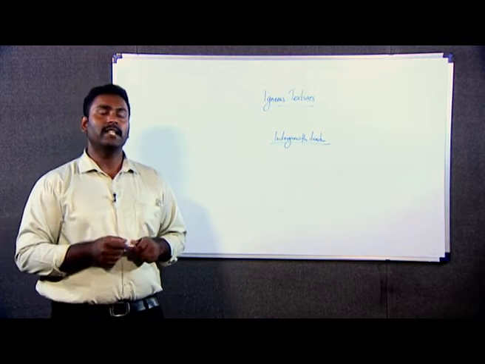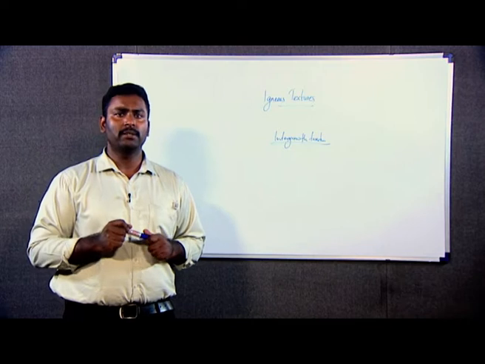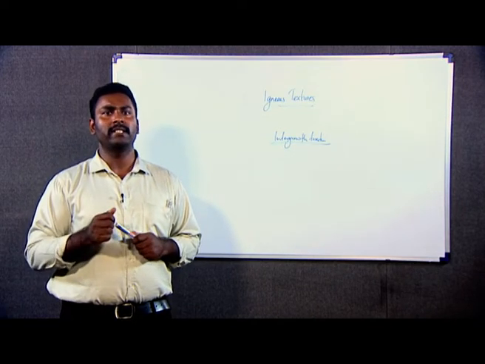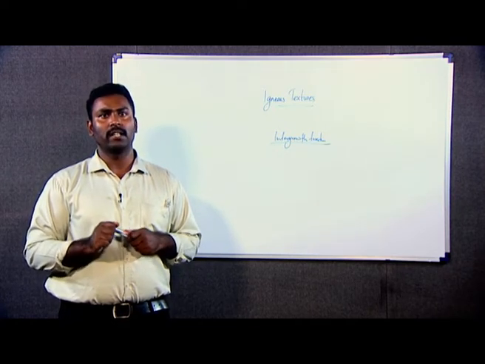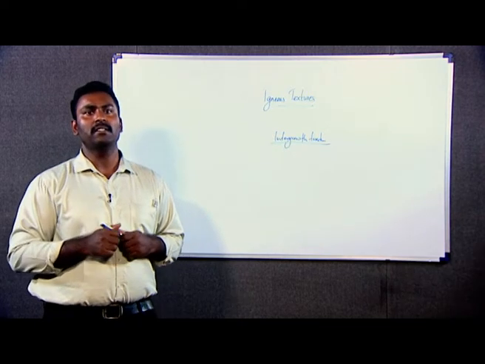The most important aspect about the intergrowth texture is that it shows that magma undergoes simultaneous crystallization, in which the two minerals are crystallizing together, and due to that, this interpenetrative pattern has been formed.